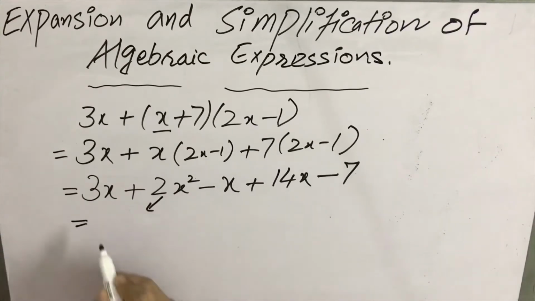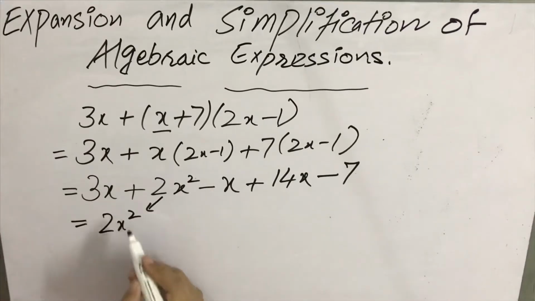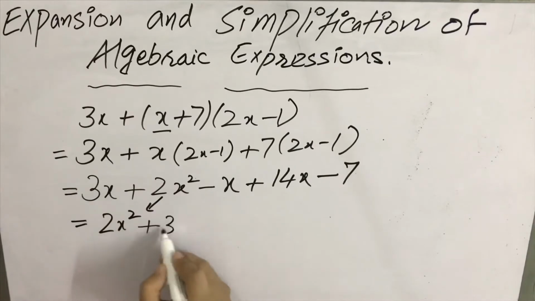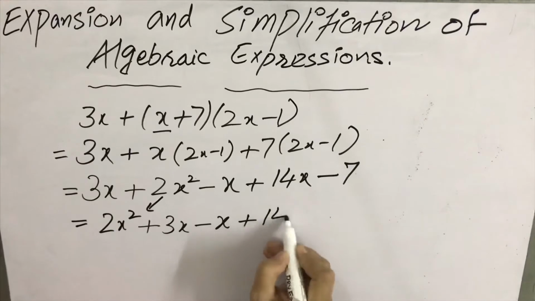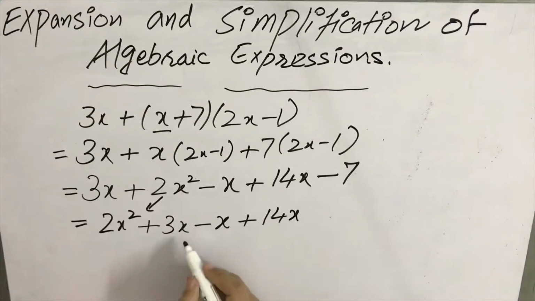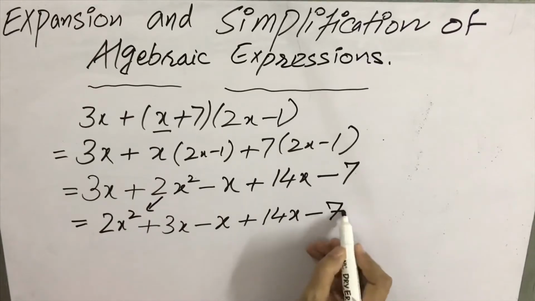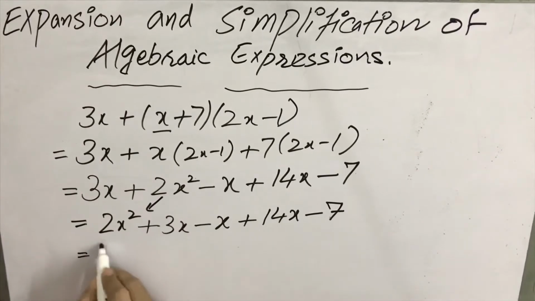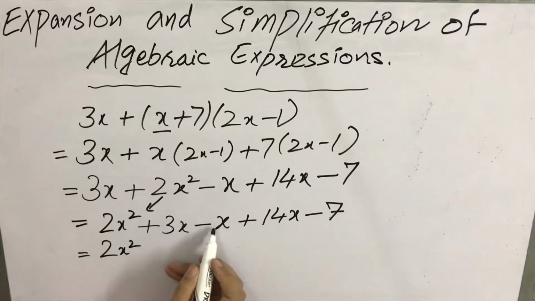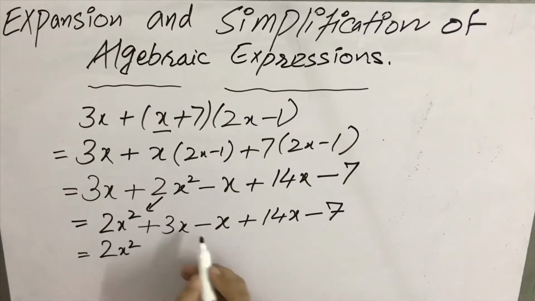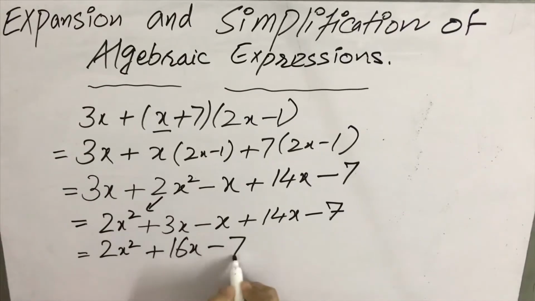When we shall simplify, we will first take the square term, then we shall have all our terms with coefficient 1, 3x, x and 14x, and at the end we shall have 7 which has 0x. 2x square, 3x positive minus 1x negative, total 2x and 14x, total we have 16x minus 7.